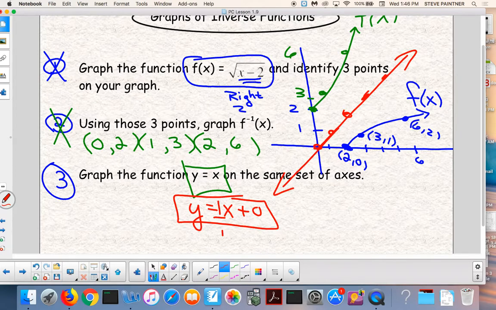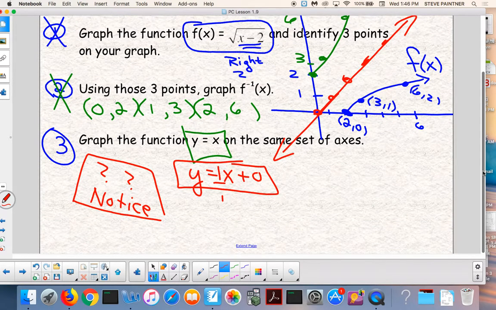Okay. So now the next thing I'm going to ask you, and I should have put this down. Question: what did you notice when you did this? There's symmetry and there's reflection going on here, right?